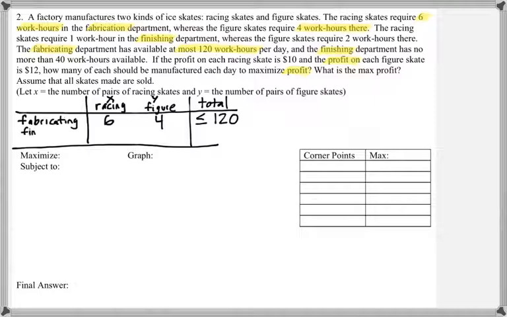Then for finishing, that is 1 work hour for the racing and 2 work hours for the figure skates. And that is no more than 40.